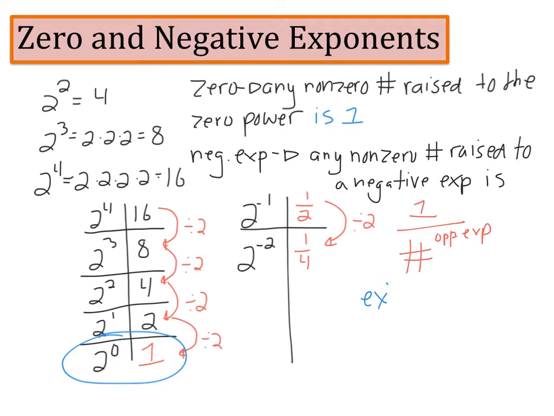So, for example, if we had 2 raised to the negative 2, that becomes 1 over 2 raised to a positive 2. If we had 3 raised to a negative 3, that becomes 1 over 3 raised to a positive 3, which is 1 over 27. So if we're raising to a 0, that number automatically becomes 1. And if we're raising to a negative exponent, that becomes 1 over that same number raised to the opposite exponent.